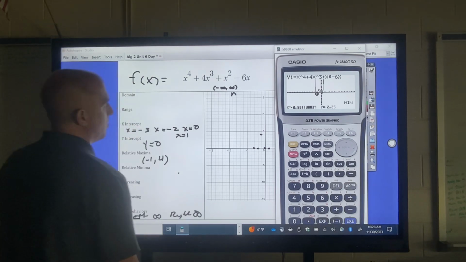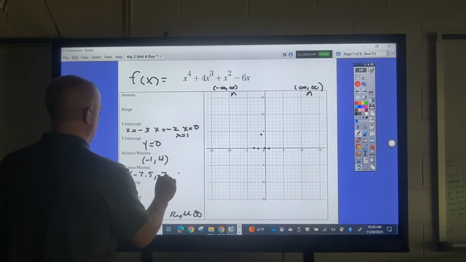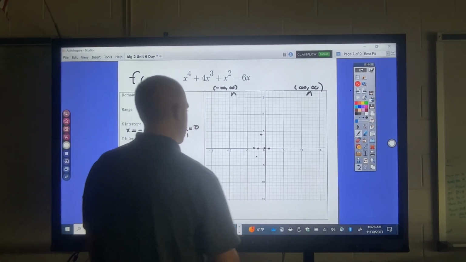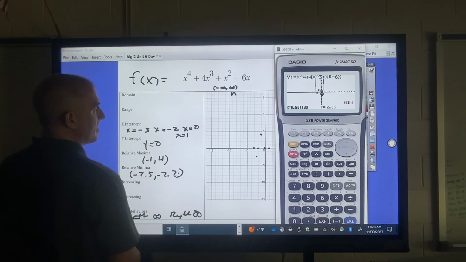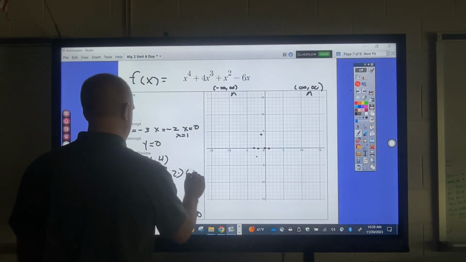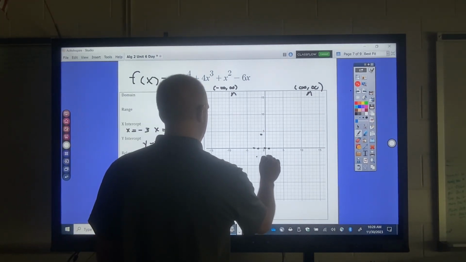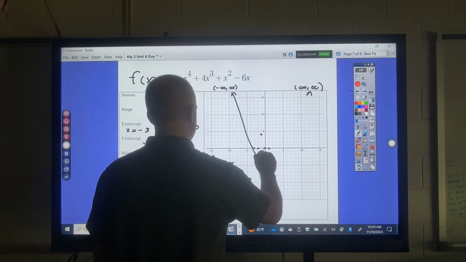I got negative 2.5, negative 2.2. And then I'm going to check for any others. I got 0.5, negative 2.2. All right. So I know that my graph does something like this.